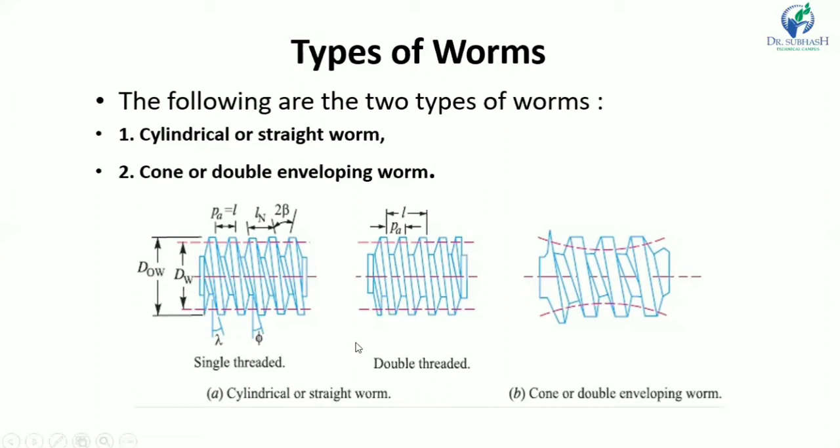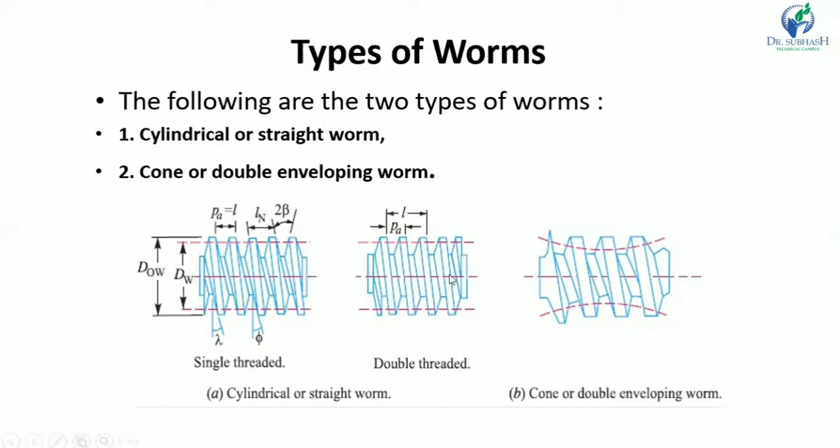These worm threads are cut by a straight-sided milling cutter, having its diameter not less than, or greater than, 1.25 times the outside diameter of worm.